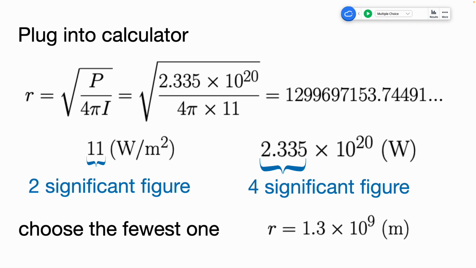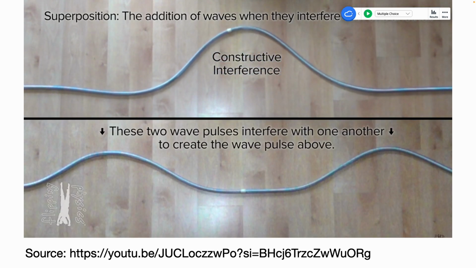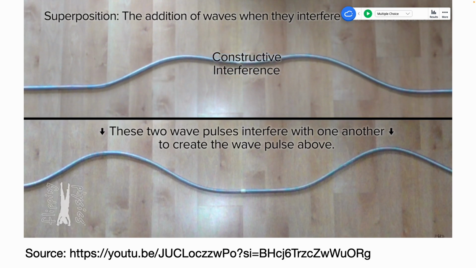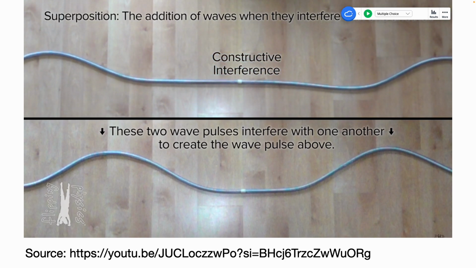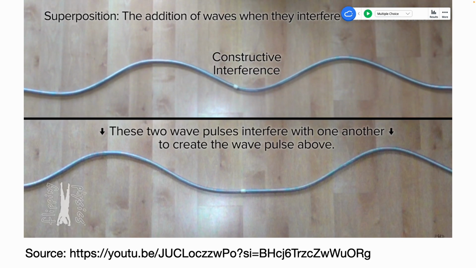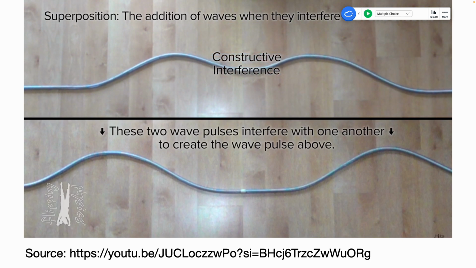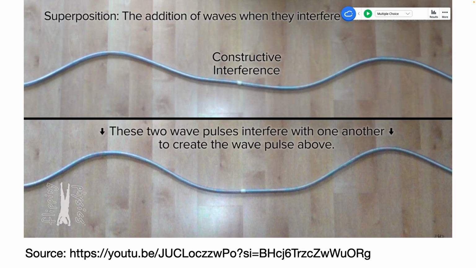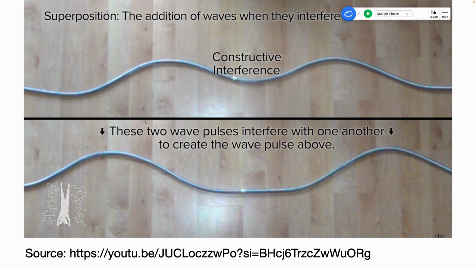Okay. Next thing about waves is called interference. This is what will happen if you have 2 waves coming together. They will have an interesting constructive interference. You see, initially the wave is smaller, but when they meet, they become bigger.